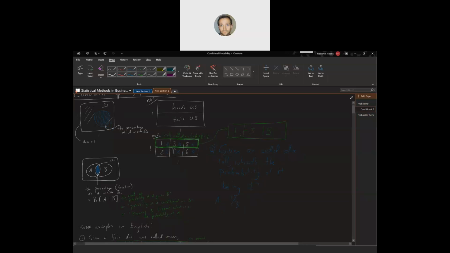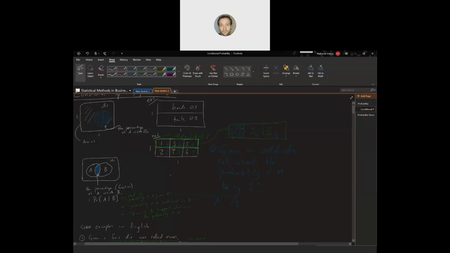And so the probabilities here get re-weighted to be 1/3 each. And so now in this new probability space, we want to know the probability of getting a 1, which is 1/3. Okay, so that's all that a conditional probability space does.